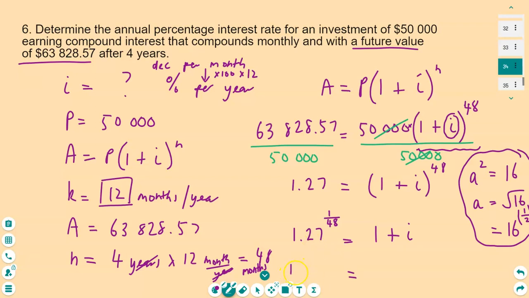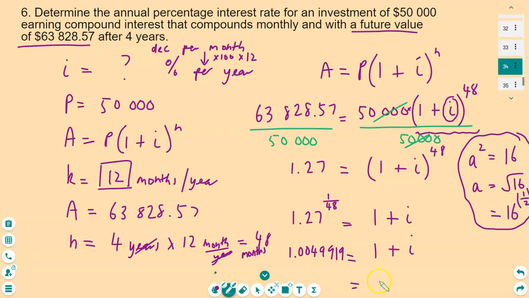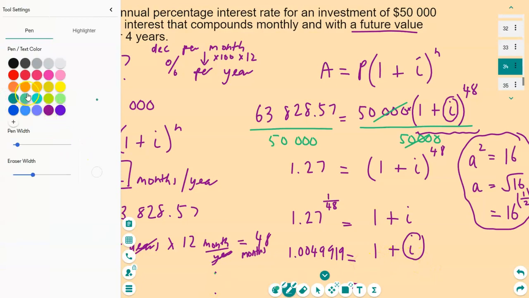Now that gives me 1.0049919, which is 1 plus I. Now, how do I get I on its own? 1 is being added to it, so I'm going to subtract 1 from both sides, and that's going to get rid of that 1.